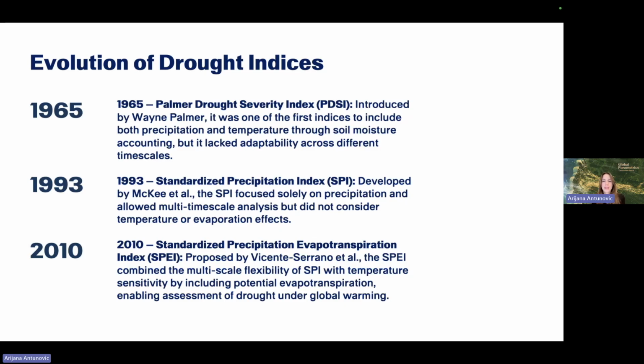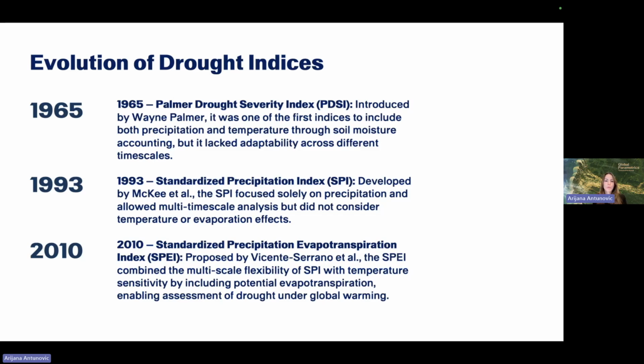So to some extent, it had soil moisture accounting, but it did lack adaptability across different timescales. What this means is that the product could not have been used for, let's say, a 1-month policy, a seasonal product, a 6-month policy, or a 12-month policy. It was very fixed in terms of periods of insurance.